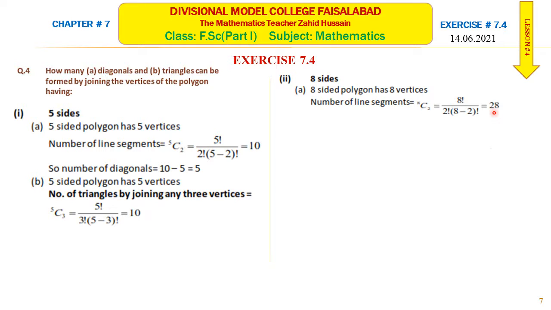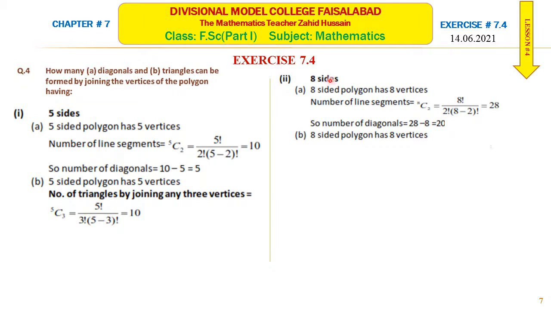So there are 28 line segments in a polygon having 8 sides. Out of these 28, 8 are the sides of the polygon and the remaining will be the diagonals. So the number of diagonals is equal to 28 minus 8, and this is equal to 20.